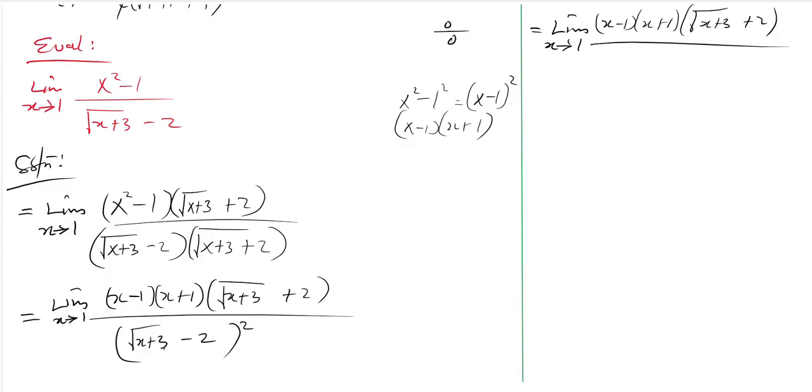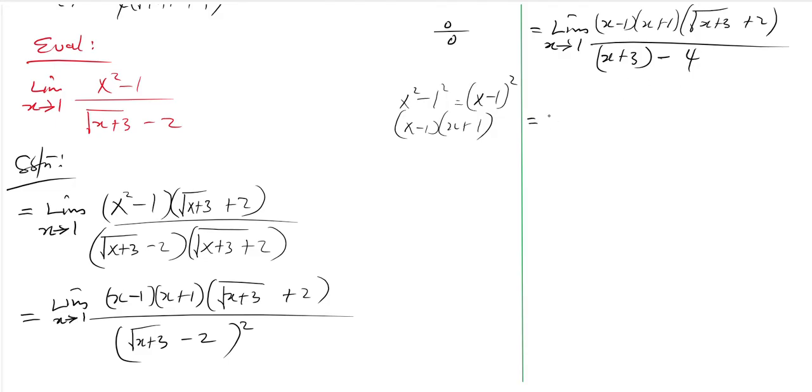Now for the denominator, if we expand this, root x plus 3 squared will give us x plus 3, minus 2 squared will give us 4, minus 4.